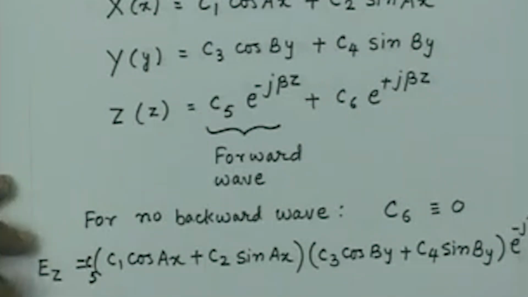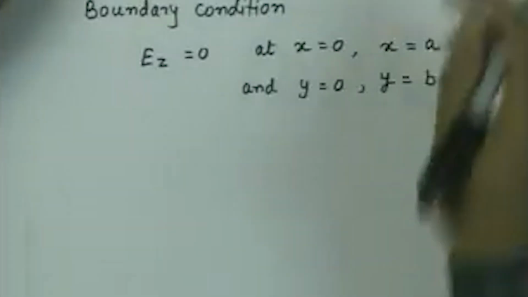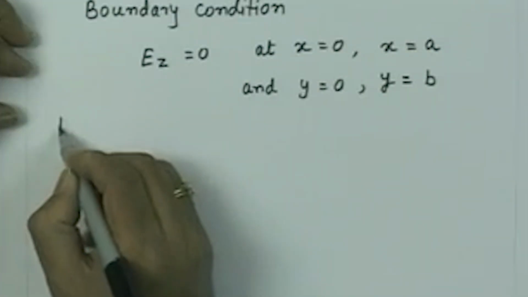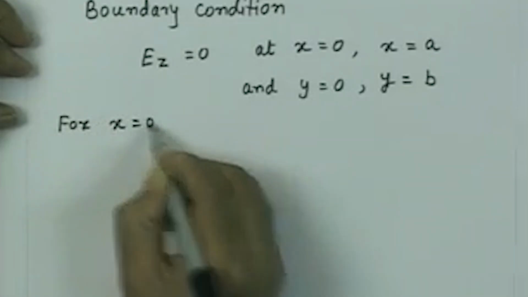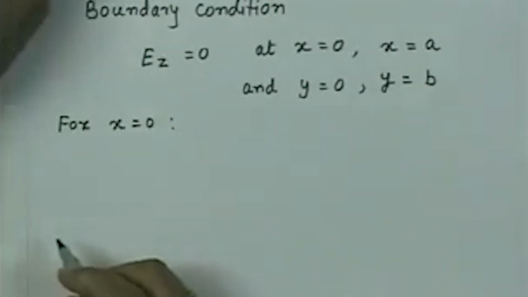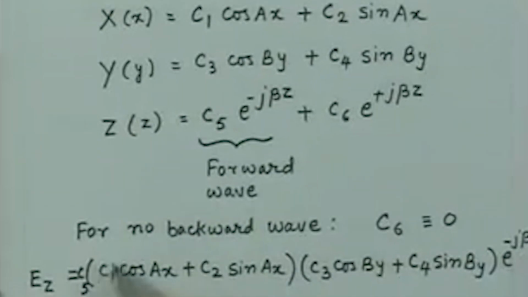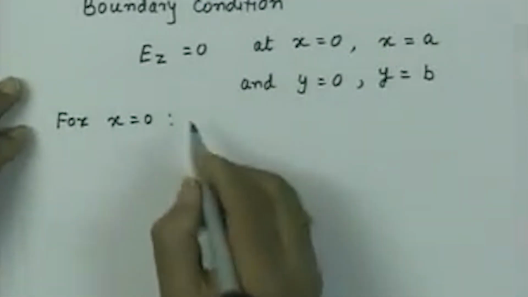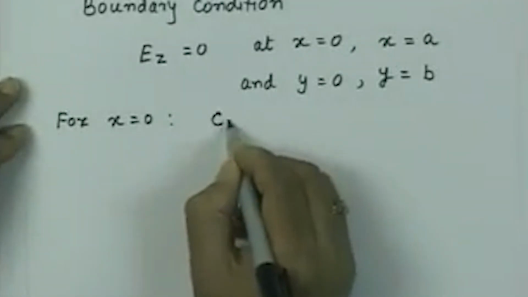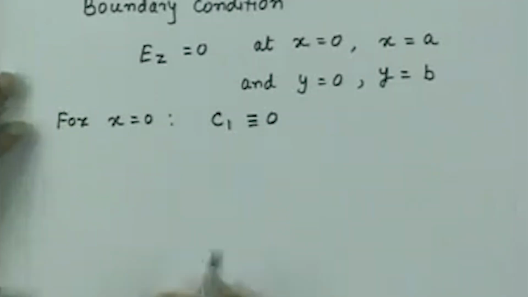So, from the first condition, for x equal to 0, we get this arbitrary constant C1 should be identically equal to 0.